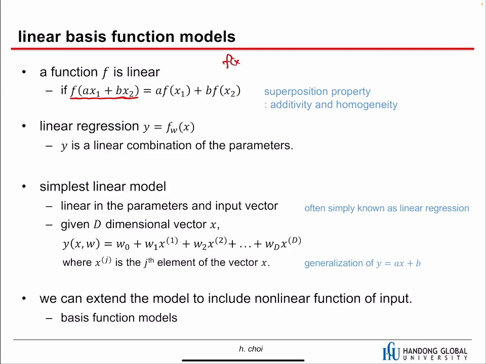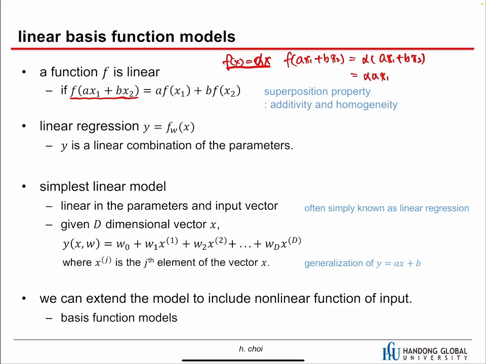Okay, so let's take a simple example. f of x is alpha x. Then f of ax1 plus bx2 is alpha times (ax1 plus bx2), right? Then look at this one.